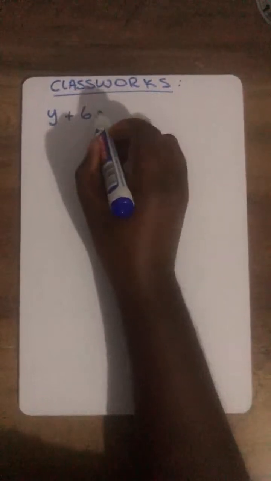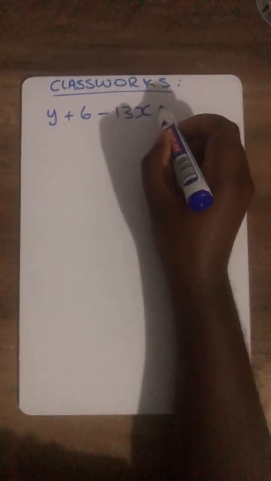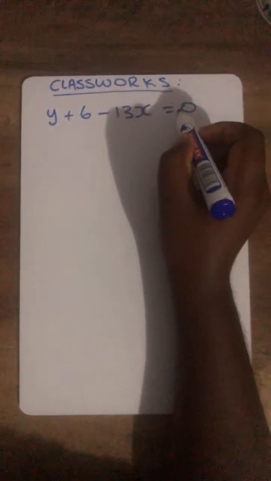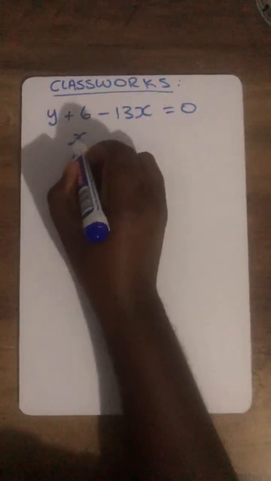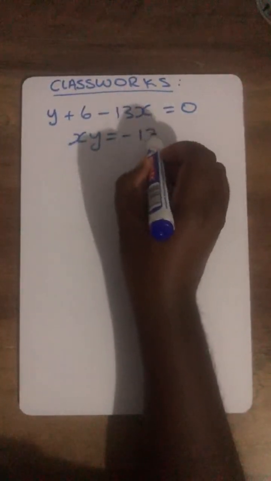So this one, what's happening there? Let me maybe zoom so that I get it correct. So we have y plus 6 minus 13x, and that is being equated to 0, and then you are given xy, which is equal to negative 13.